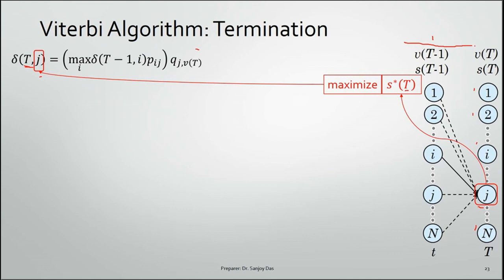So this j, which has the highest value of delta tj, is in fact the last entry of the string S star, and S star is what we are eventually looking for. So this is what we do next.